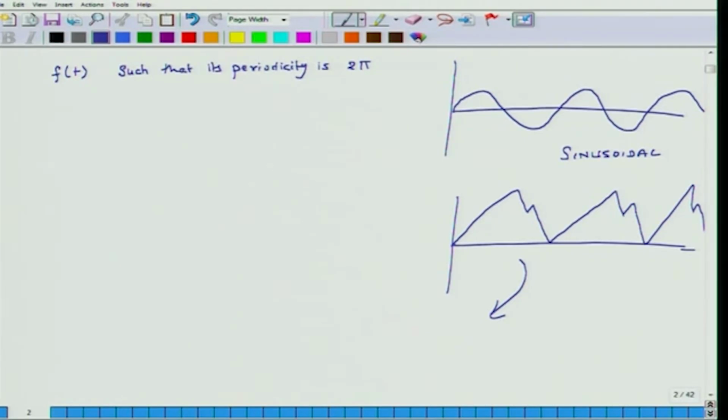So its period is 2 pi. Then I can express f of t as a constant plus a series of sums of cosine functions and sine functions. Excuse me, this should be t.